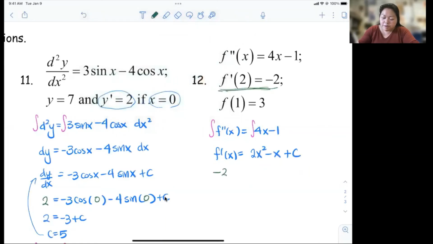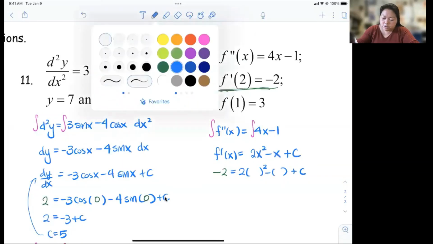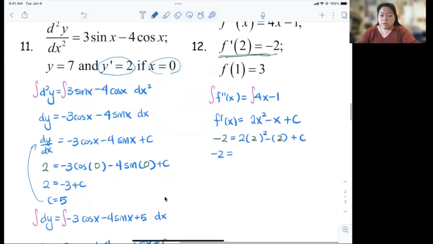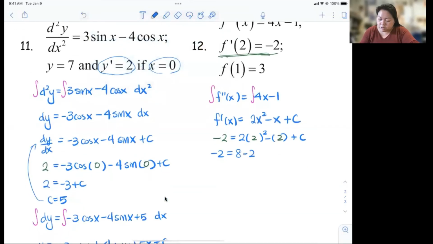Negative 2, that's my y value, is equal to 2 times 2 squared minus 2 plus c. 2 times 2 squared, that's 8 minus 2 plus c. Negative 2 equals 6 plus c. c equals negative 8.